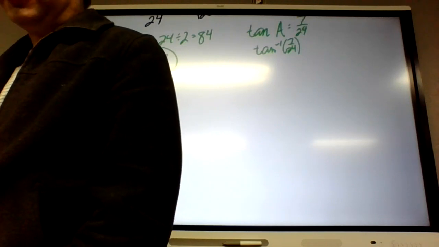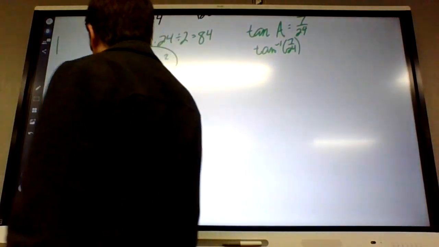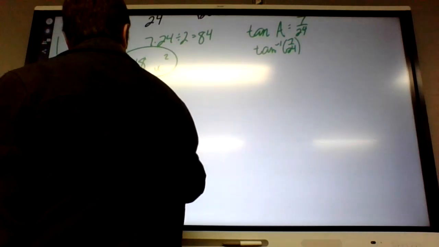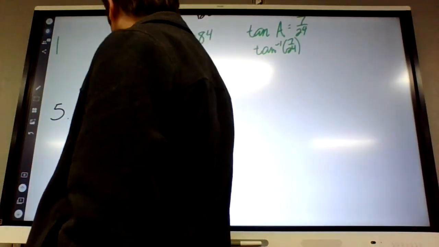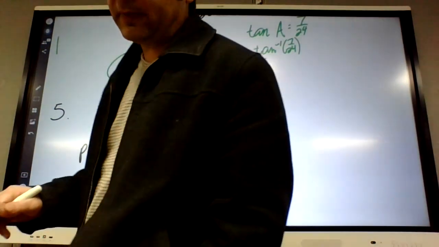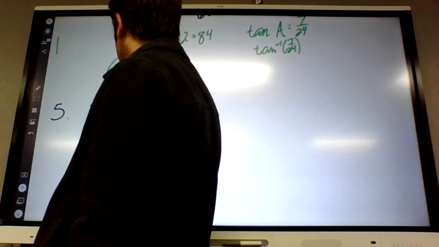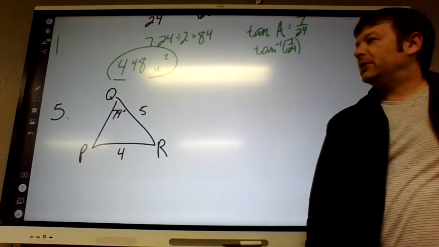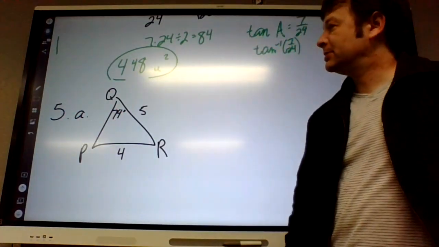How many different triangles PQR can be constructed using the given info? 5, 4, 74. Five for P, 4 for Q, 74 for angle Q. Okay, I just drew what was described.